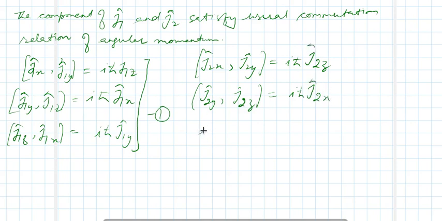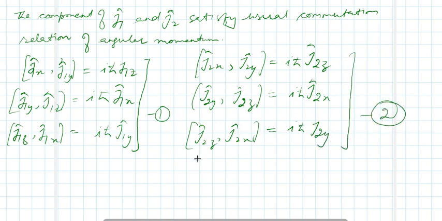Similarly, the last one is J2z, J2x, its commutator is equal to iota h cross J2y, and let me call it equation number 2.